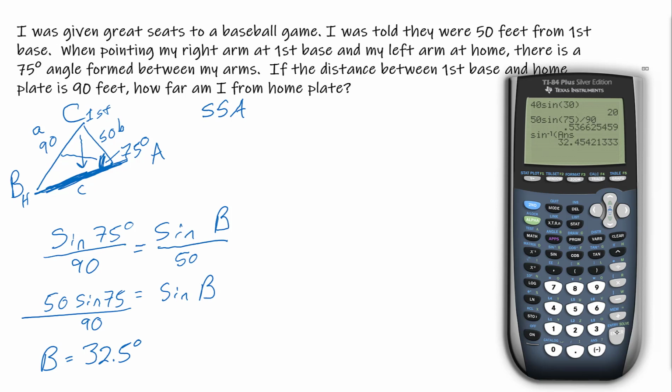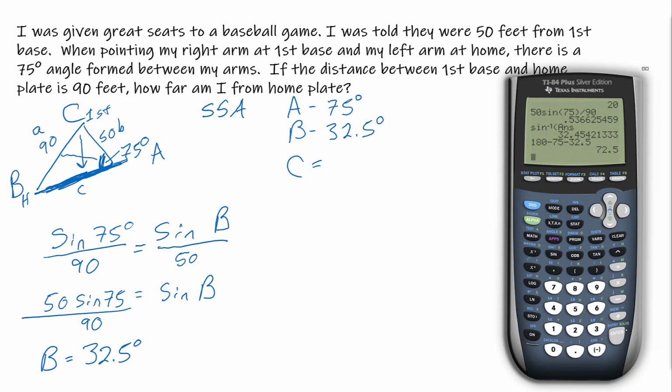All right, so if A is 75 degrees and B is 32.5 degrees, I can take those from 180. 180 minus 75 minus 32.5. That tells me that third angle, which is actually the one I care about, is going to be 72.5 degrees. So that is this angle that is across from the side of the triangle that I'm looking for.